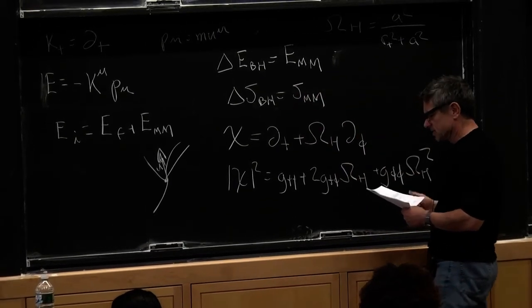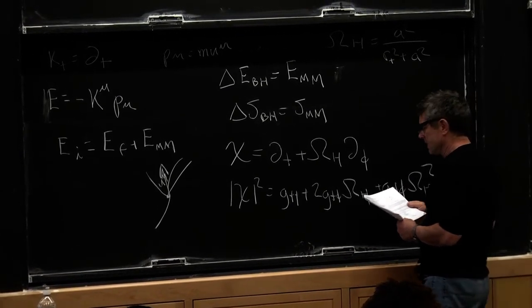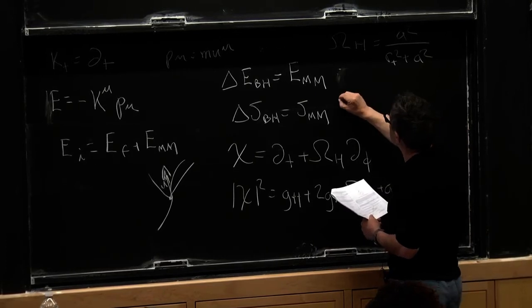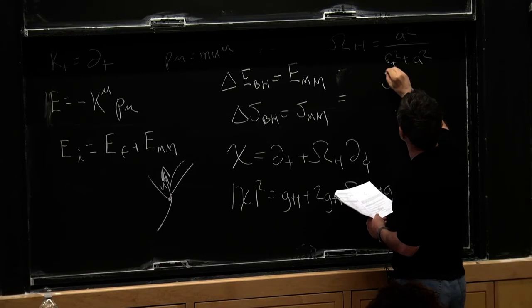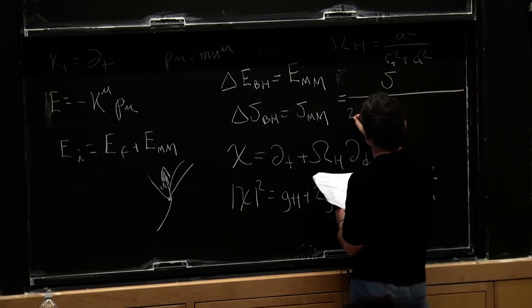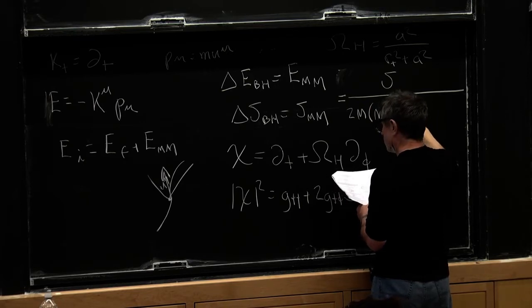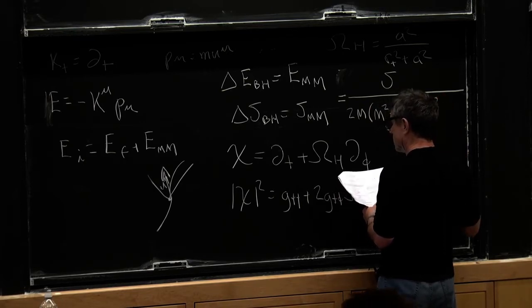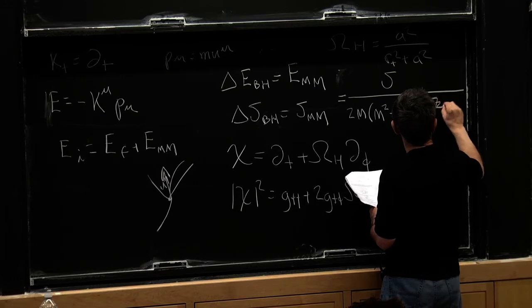Okay, so omega horizon is equal to that, but we can also write it as a somewhat longer expression, J over 2M times M squared plus the square root of M to the fourth minus J squared.